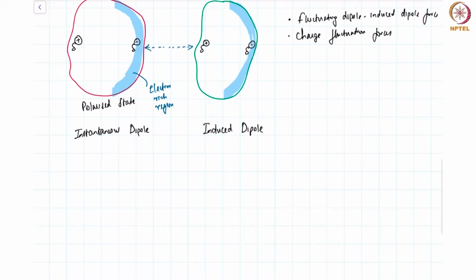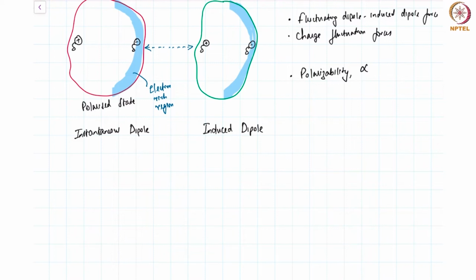So, we've introduced this word called polarization. One needs to understand what is the polarizability of a molecule. For example, this is typically represented by quantity alpha. For example, if you take a large molecule which has a large number of electrons, it is much easier to create a polarization in that molecule.